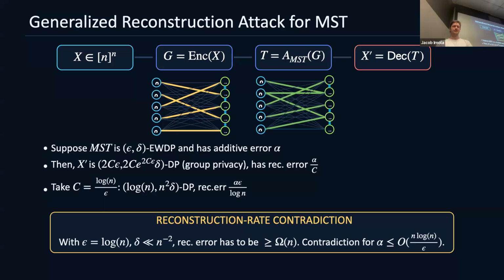But for MST, additive weight is a bit of a weird thing, because if my weights are super high, shouldn't it depend on the magnitude of the weights? Yes, there is. That's true. So in this construction, all of the weights have weight C, which is like log n.